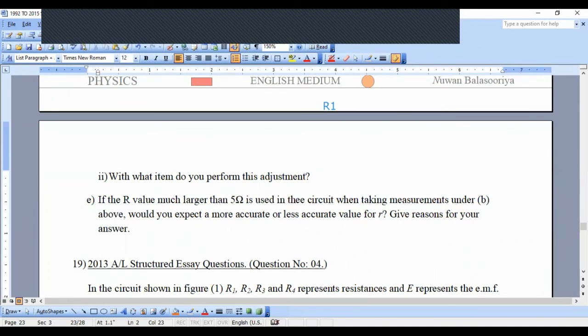If the R value much larger than 5 ohm is used in the circuit when taking measurements under simple B above, would you expect a more accurate or less accurate value for simple R? So we have written, a less accurate value for simple R will be obtained.